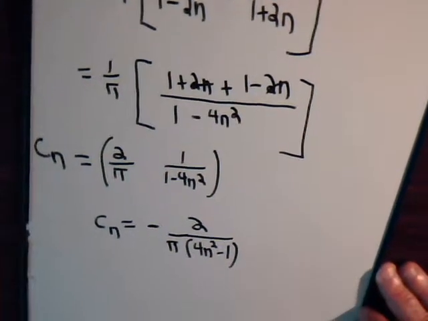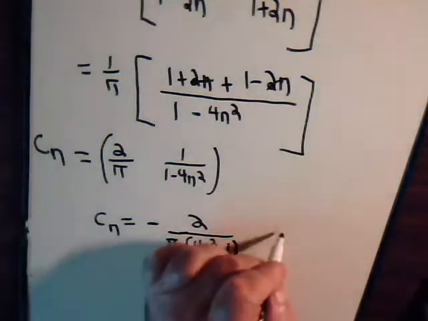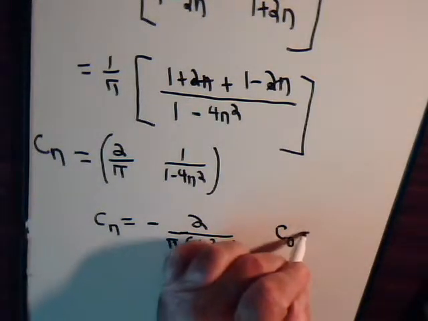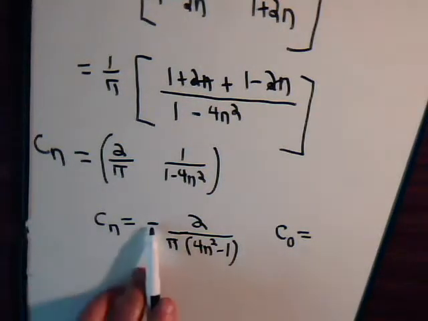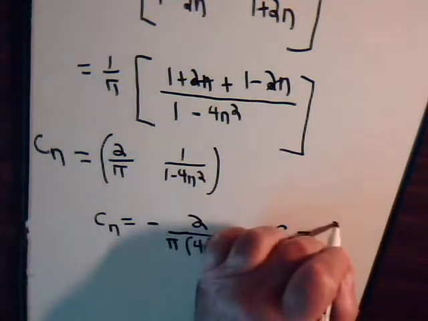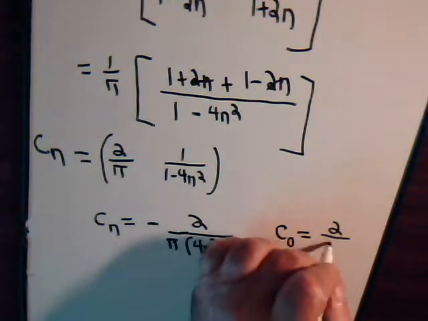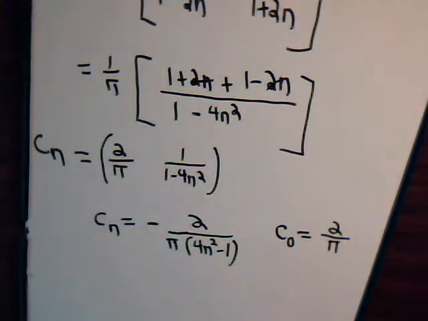And C0, if n is 0, we'll have negative pi down here times negative 1, so that would be plus 2 divided by pi.